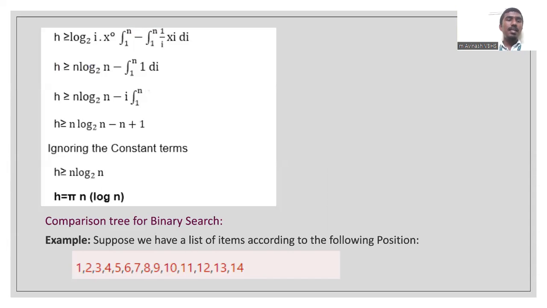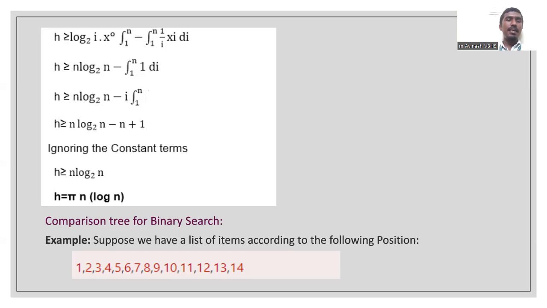That implies h is greater than or equal to log2 of n minus the summation of 1 to n of 1 by di.